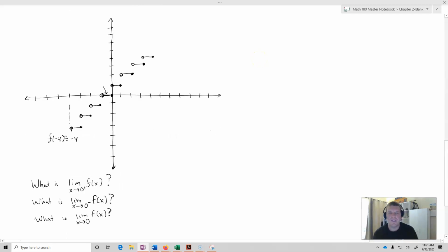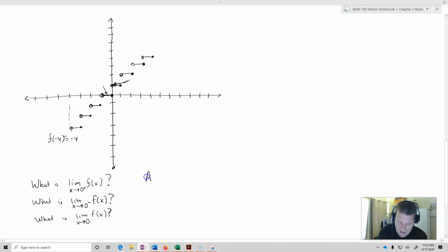So now let's answer these questions. What is the limit as x approaches 0 from the positive side of f of x? Looking at 0 plus, as x approaches 0 from the positive side, f of x is equal to 1, because as we get closer and closer to 0 from the positive end, all of our f values there are equal to 1.